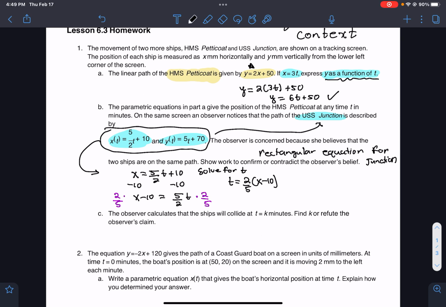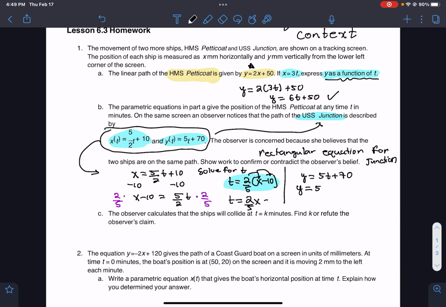Why is this helpful? This is helpful because I'm going to take this and substitute it into this function. So remember, our other parametric equation in terms of y and t is y equals 5t plus 70. Now I'm going to substitute that for t. It's getting a little messy here, so I'm going to go back to this t equals and distribute.